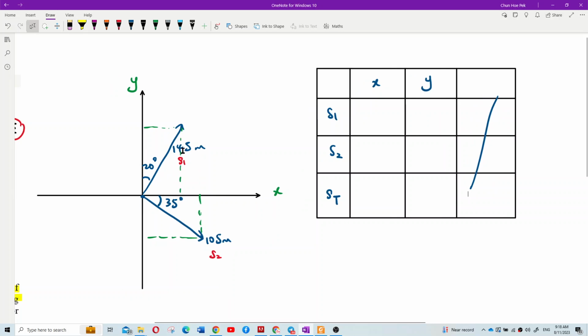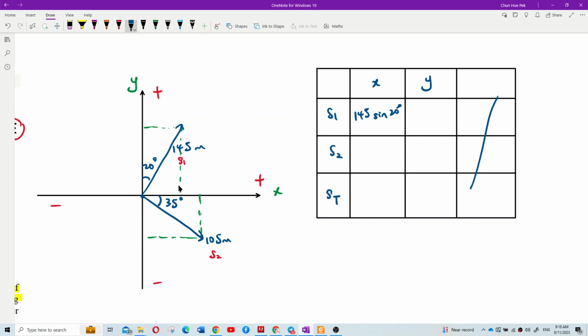S1: remember, going up is positive, going right positive, going down negative, going left negative. We must put all the signs. So for the X component, S1 is 145 sine 20.